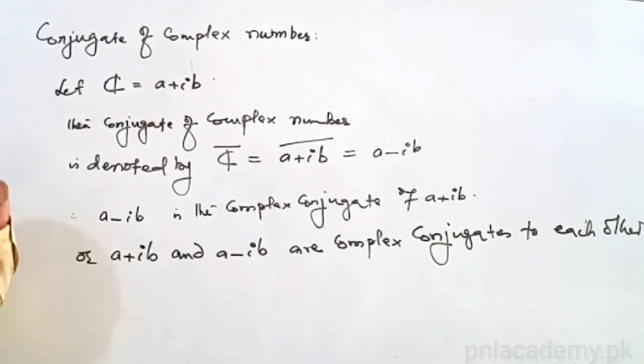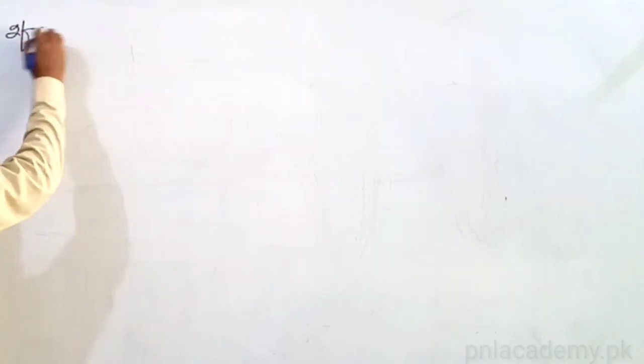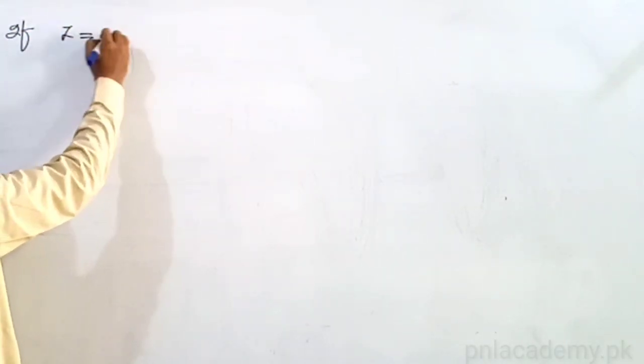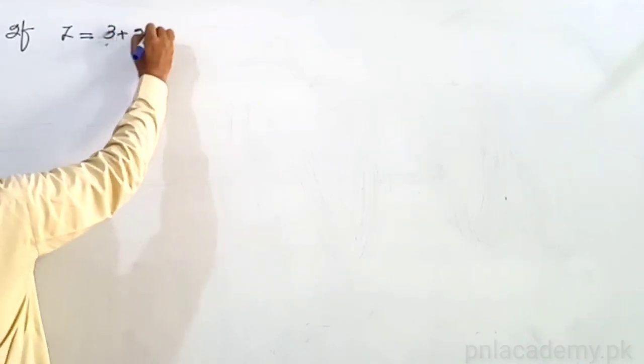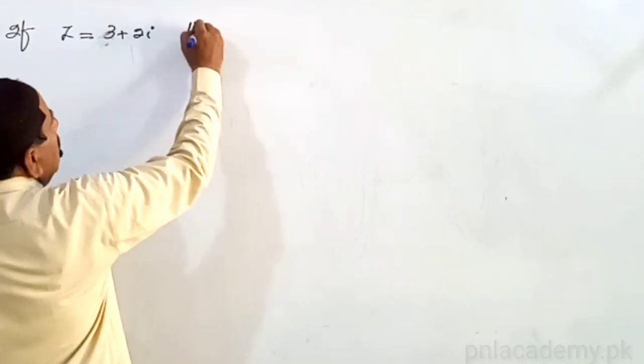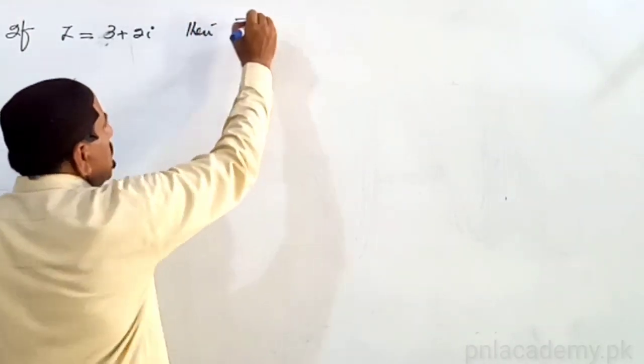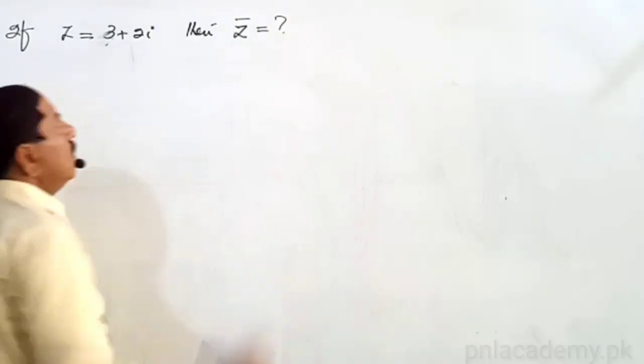So therefore, according to the MCQ, if z is equal to 3 plus 2 iota, then z bar is equal to what?